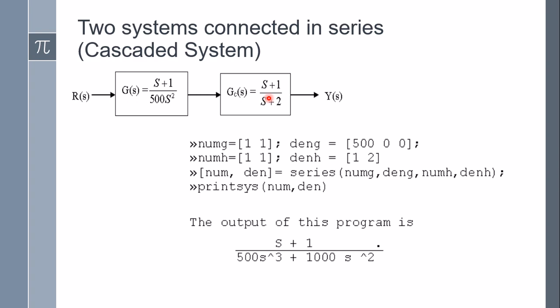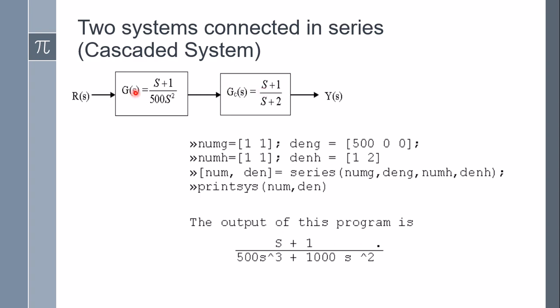First, as an example, let us consider what the net transfer function is when two systems are connected in series, or cascaded, and how to find the transfer function of it. When the output of the first system is connected as the input for the second system, both systems are said to be connected in series.